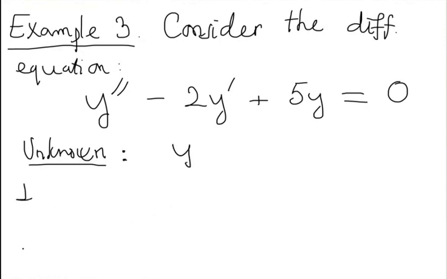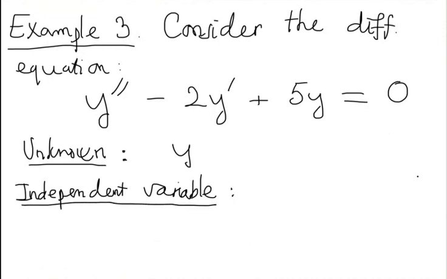But what is the independent variable? Well, here we are using the prime notation, so we don't really see explicitly what the independent variable is, and the equation doesn't contain any clue to tell us.